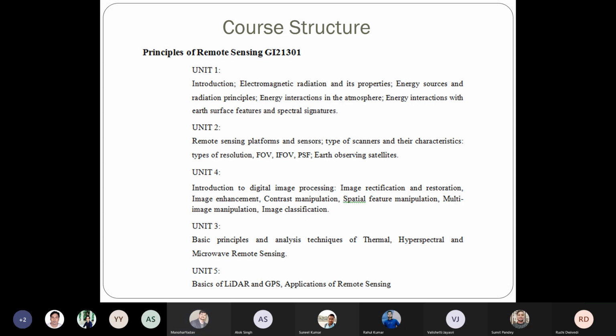Okay. And most of the remote sensing tools use sun as an external energy source. So that is the reason why you need to understand the electromagnetic radiation coming from the sun, and further the energy sources and radiation principles. It means how that energy is generated from that source. That will be discussed in our radiation principles.